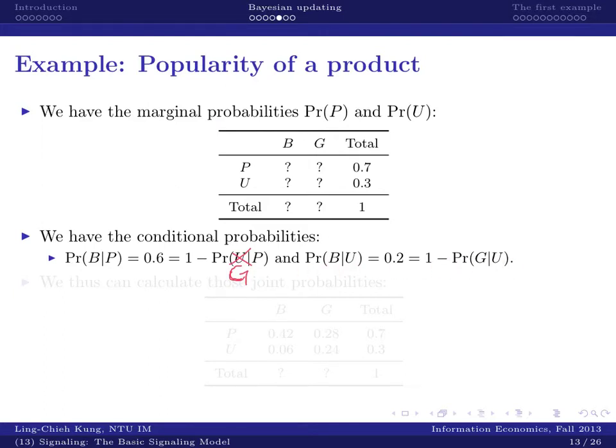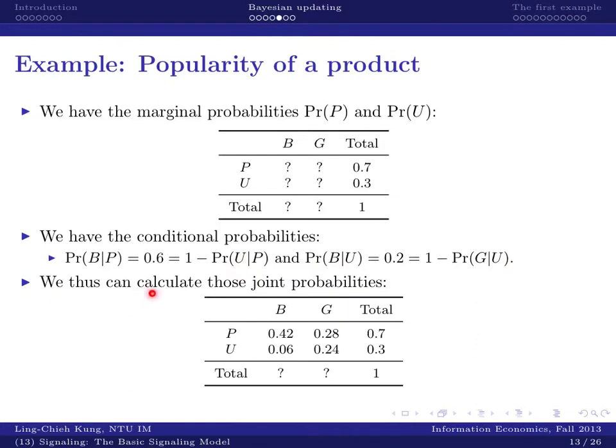So according to that, I can now calculate the joint probabilities. For example, this is the probability that the product is popular and someone buys it. Okay, and that's going to be the probability of 70% times 0.6, right?